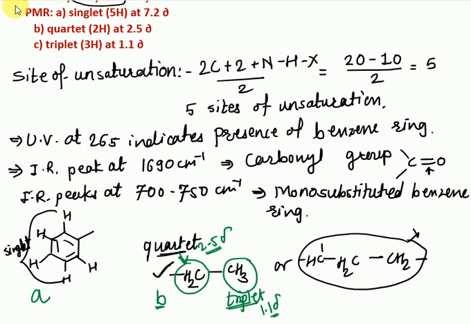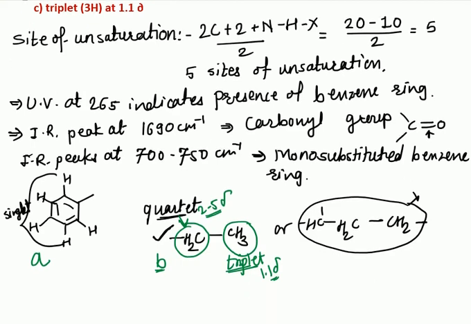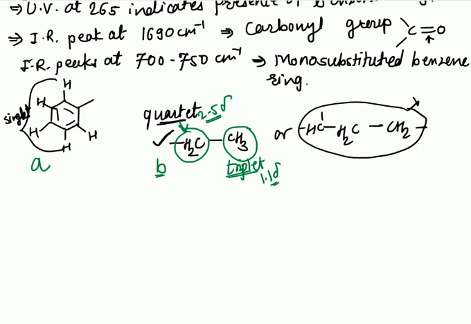So let's attach the fragments we have sorted. The structure may look like benzene ring, C double bond O, CH2, CH3.